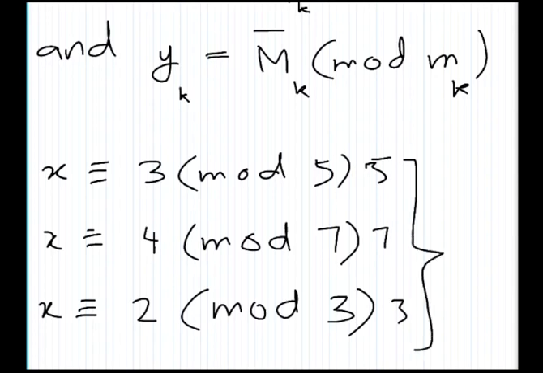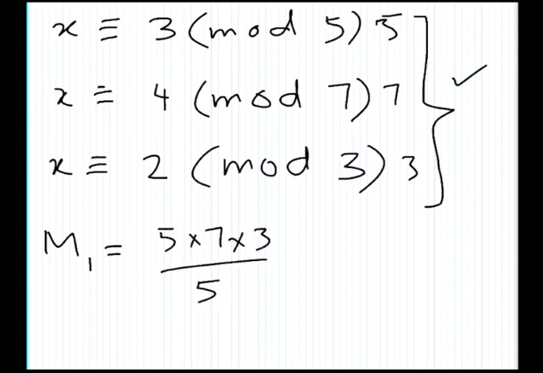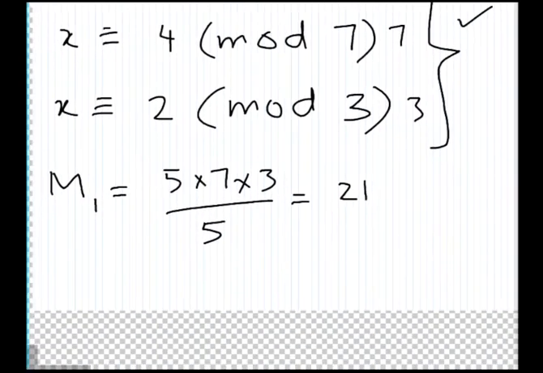What is the GCD of 5 and 7? It is 1. GCD of 7 and 3 is 1. And GCD of 3 and 5 is also 1. So this means the condition is now satisfied. Now let's calculate m1. This is equal to 5 times 7 times 3 divided by 5, which is equal to 21.